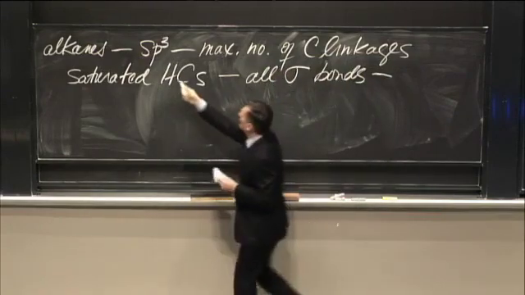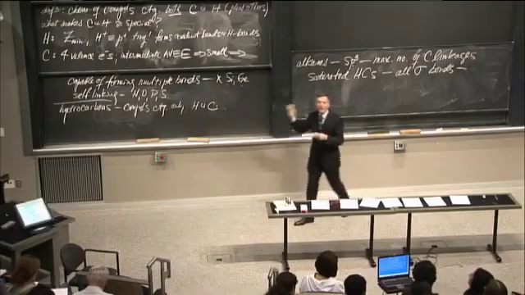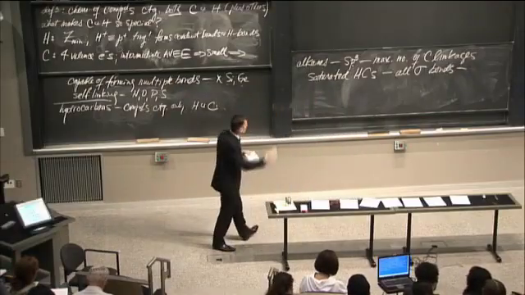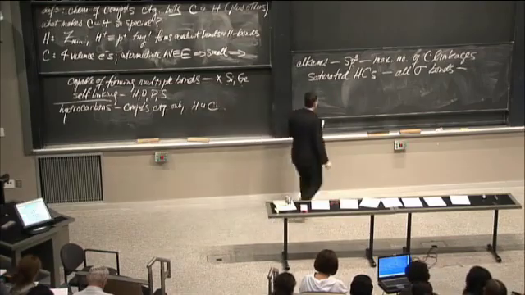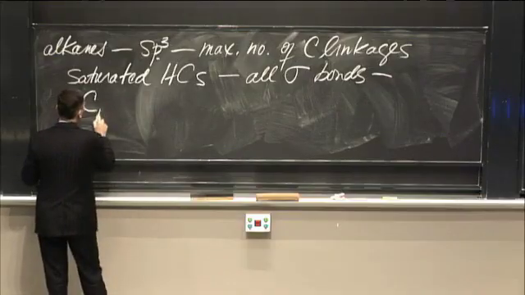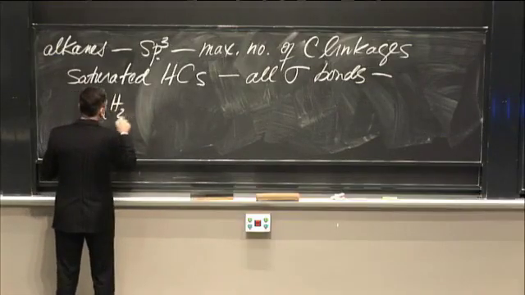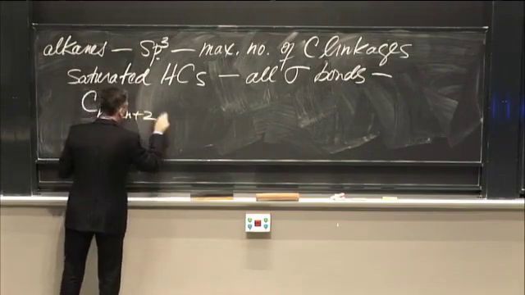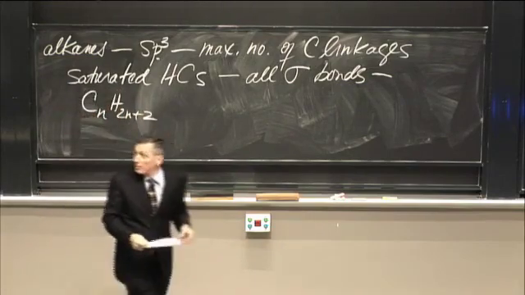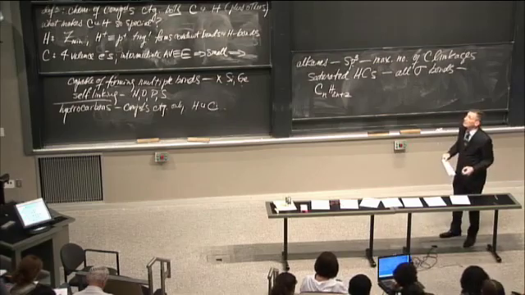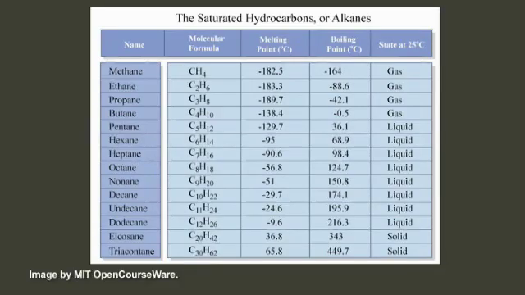All of this is a consequence of the choice of sp3. I could have led you through all of this, but we're putting it up quickly here. They have a common formula, CnH2n+2.